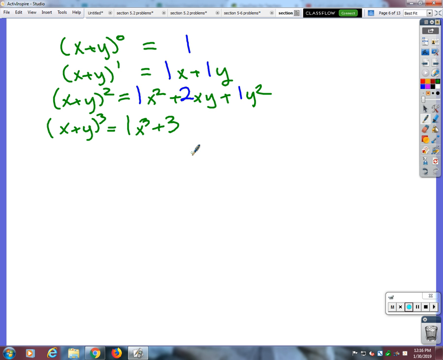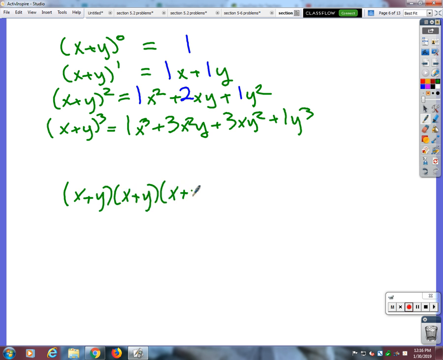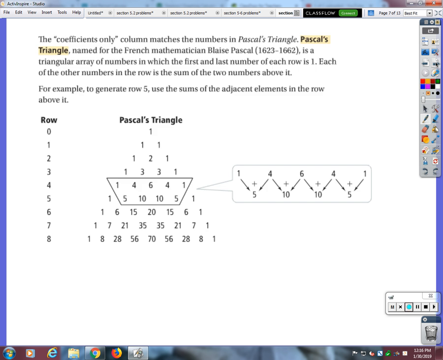Now we haven't talked about the exponents, but 3x squared y plus 3xy squared plus 1y cubed. Okay? So Pascal's triangle is something that you can use to expand these things out really quickly without having to figure out what x plus y times x plus y times x plus y is. So you can use Pascal's triangle for that instead.